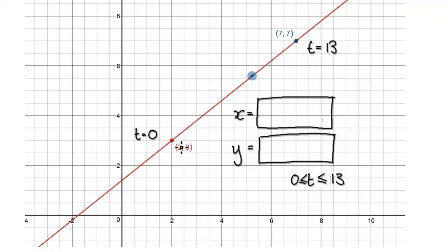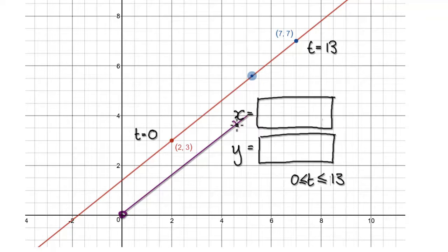To do this, notice that it's moving 5 across and then 4 up. The technique is to concentrate on making the particle move from the origin 5 across and then 4 up, so it would be right here.